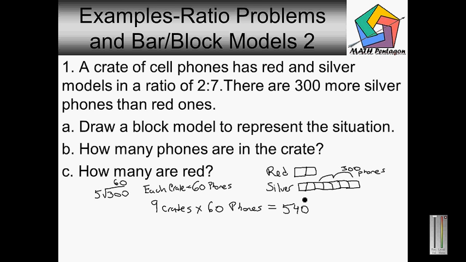Because each crate is 60, for red you do 60 times the 2 crates and you get 120. So we have 120 phones that are red, and that would be the answer for that question right there.